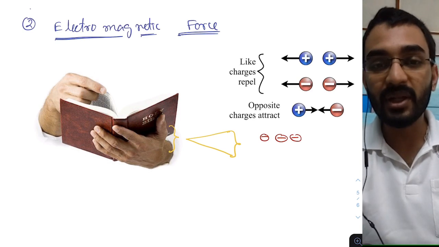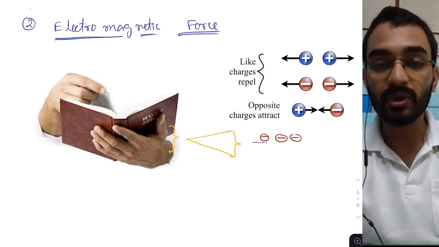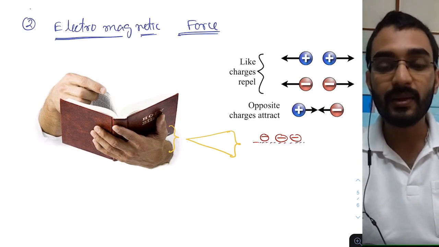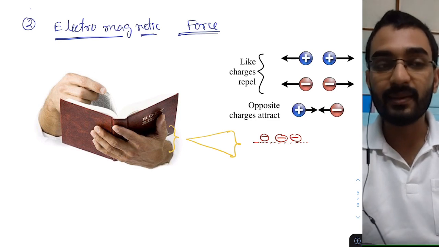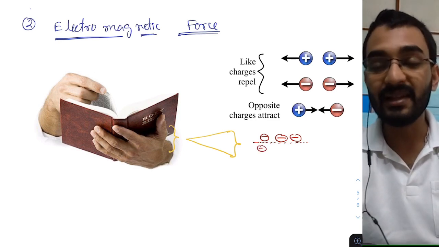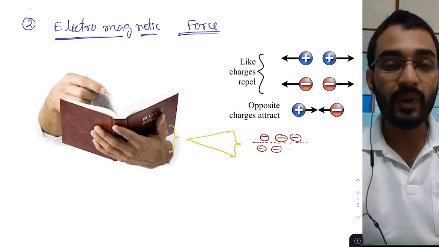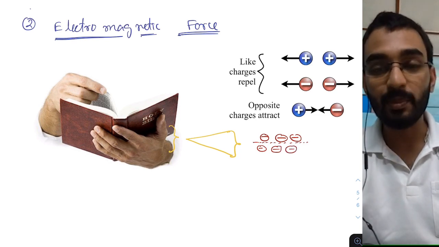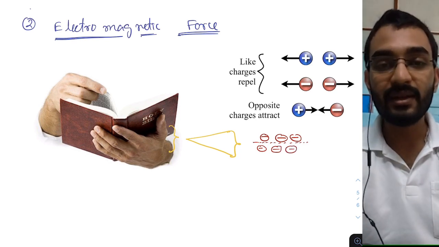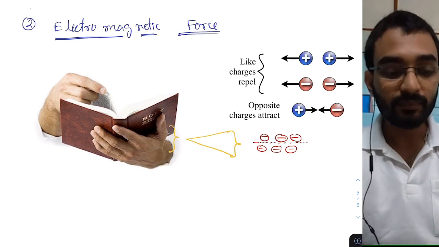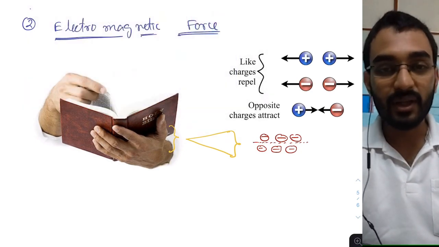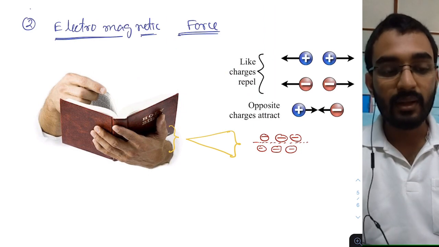Like two electrons coming together will repel each other, or two protons coming together will repel each other. That is, like charges repel. Plus and plus will repel each other. Minus and minus will repel each other. But when two different charges come together, like plus and minus, they will attract each other. But gravitational force is always attractive.